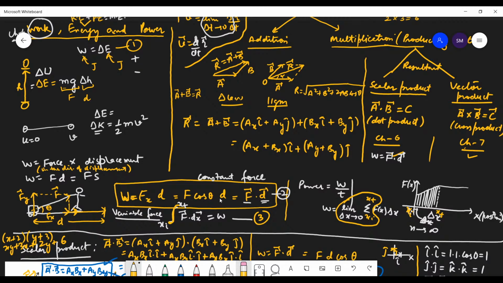And this can be written as F dot d, the vector way of writing F cos theta into d, or Fx d.